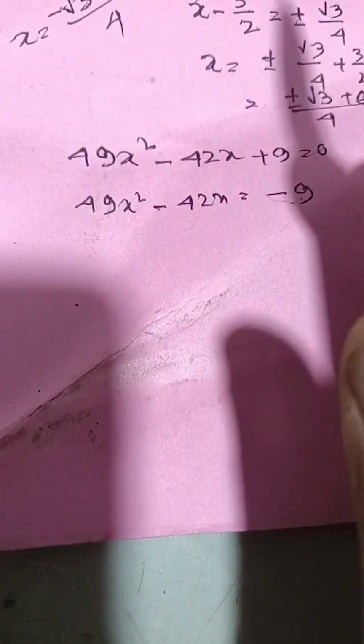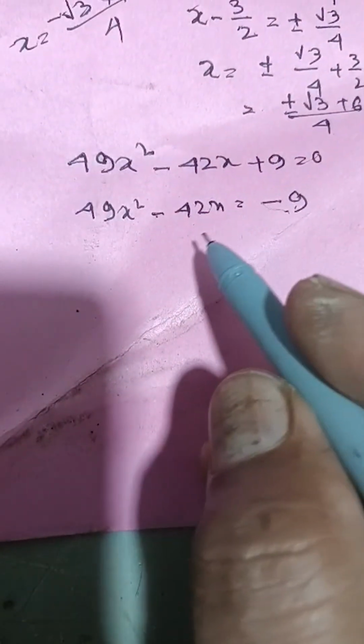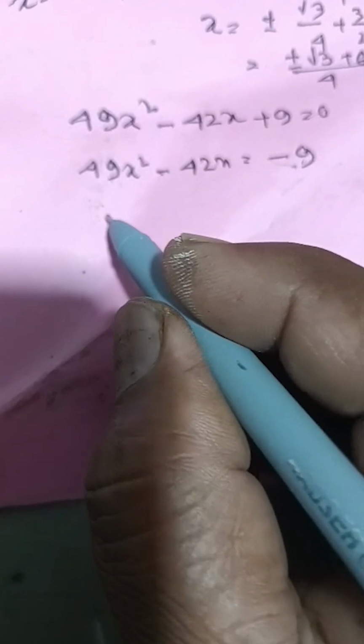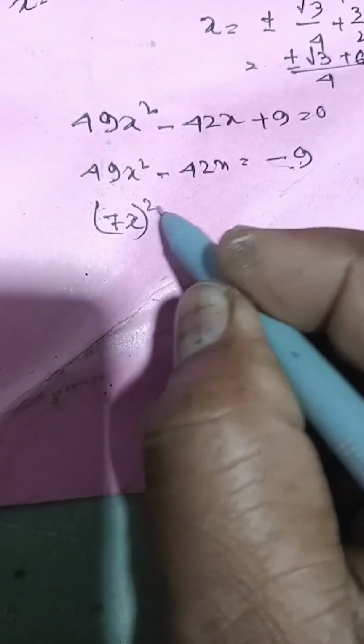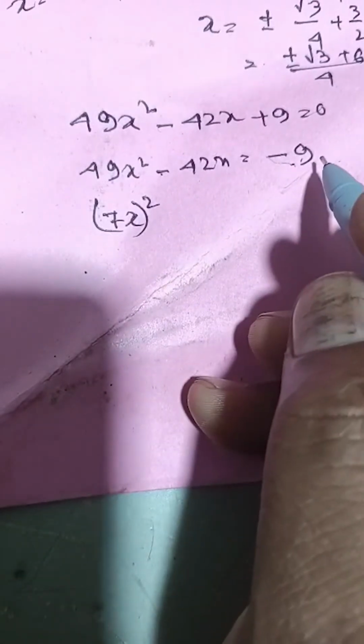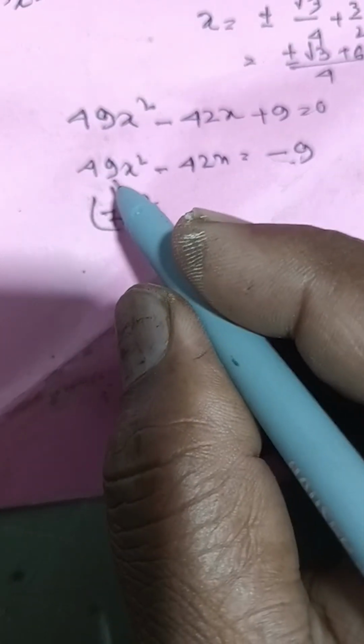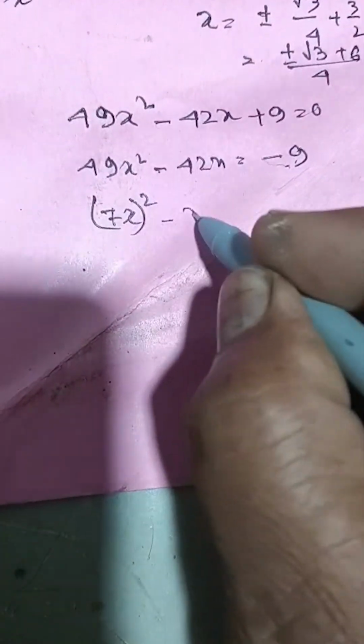As usual, we have done earlier, you have to write this one also again. Now you see, we can make it a whole square. That's why we have not divided both sides by anything. Here it can be made a whole square, so you write it minus 2 into 7x.